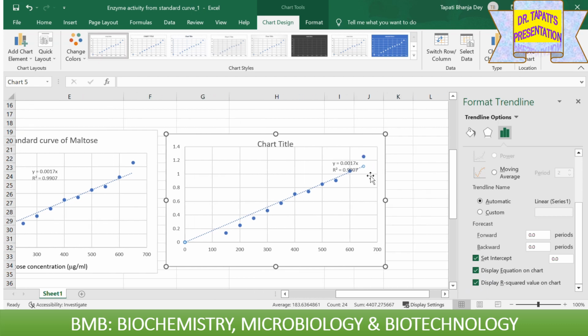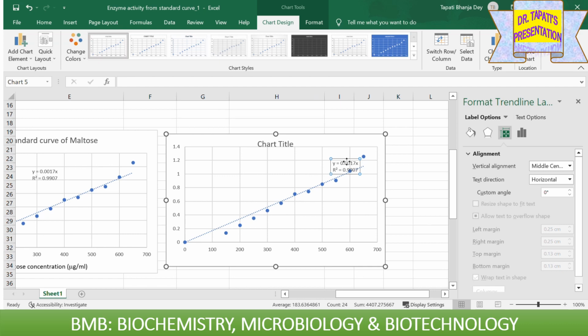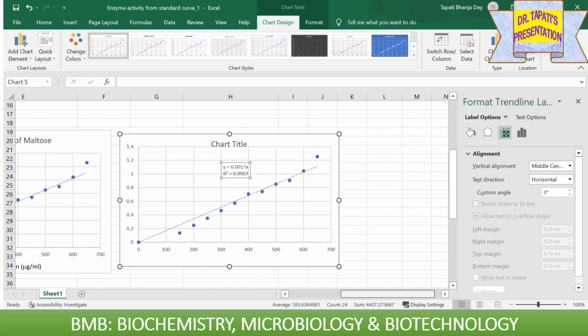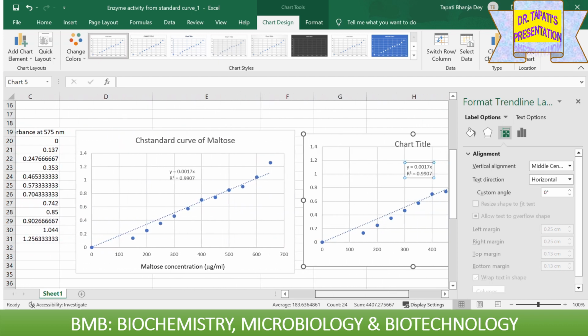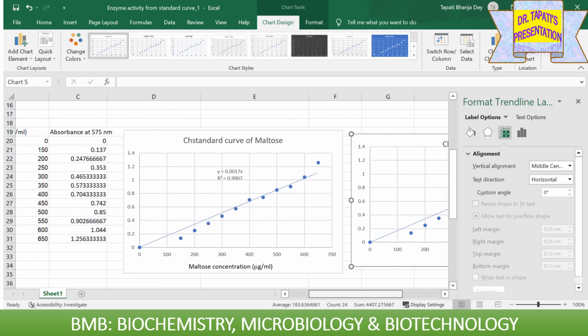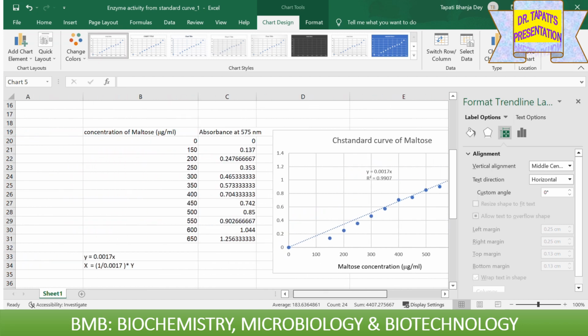Now we found this straight line. In this way we are getting the standard curve of maltose. We have to use this standard curve in order to calculate the enzyme activity of alpha amylase.